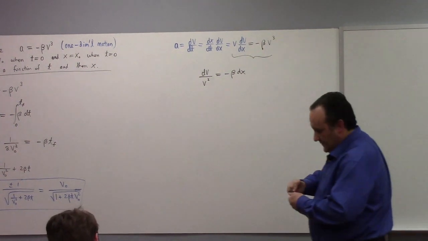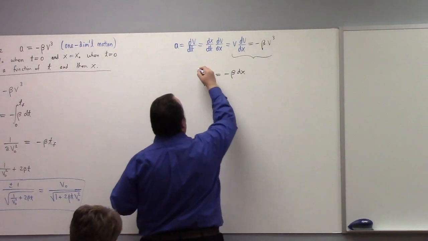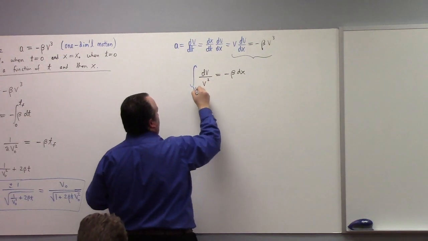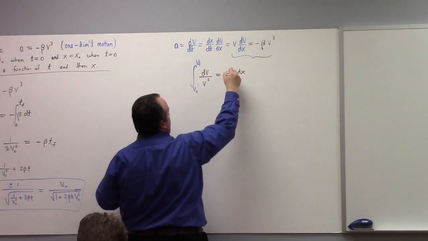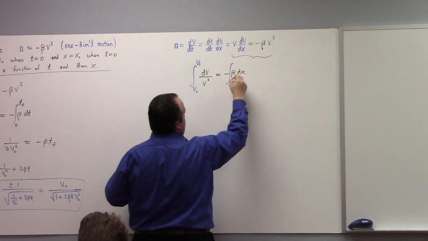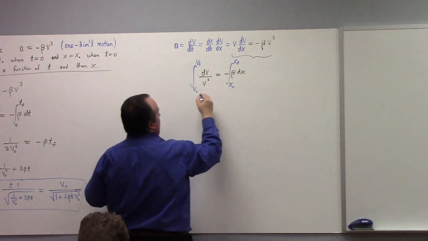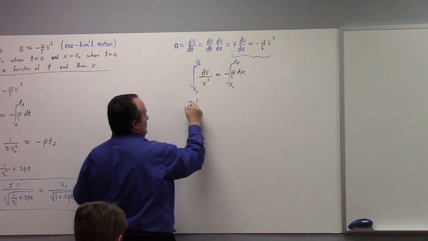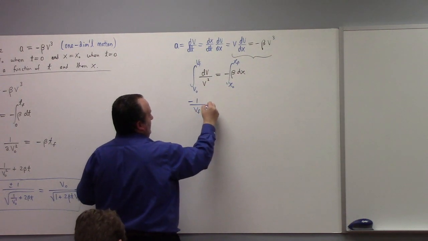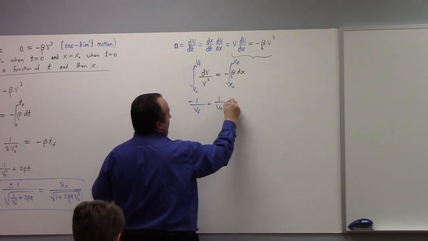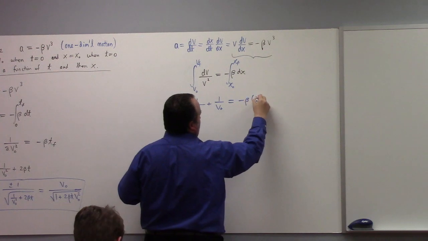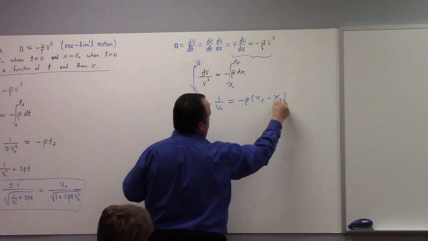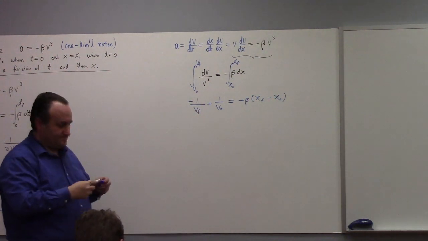And all right, so now we integrate both sides. We're integrating, say, from v naught to vf, and I'm going to integrate this from x naught to xf. And so what I got is minus 1 over vf plus 1 over v naught is equal to minus beta times (xf minus x naught). Right?